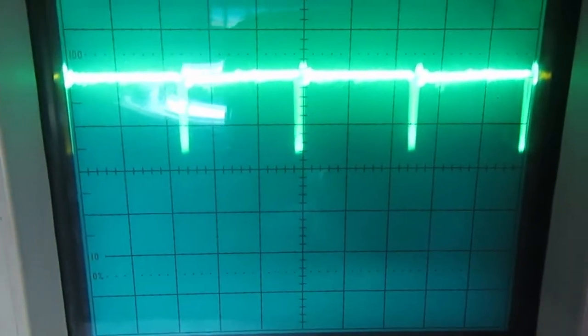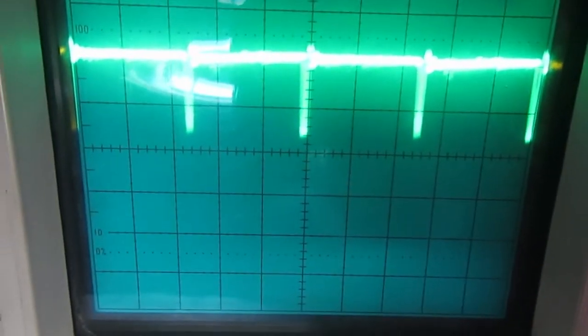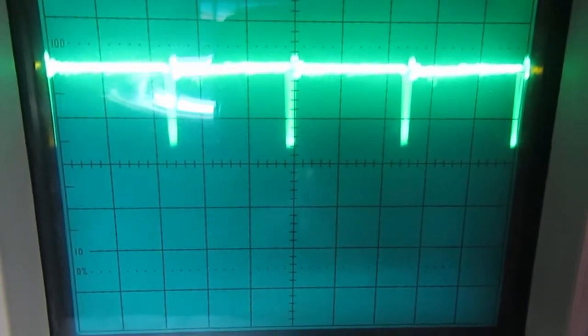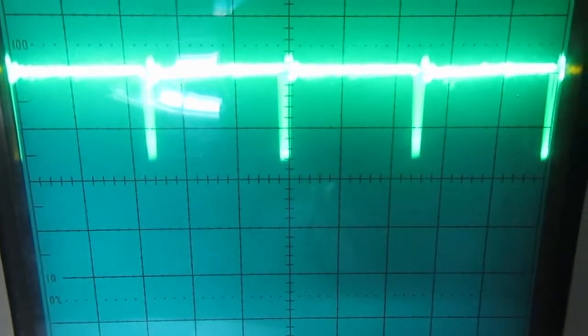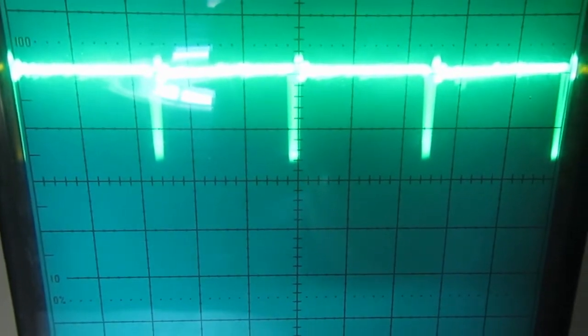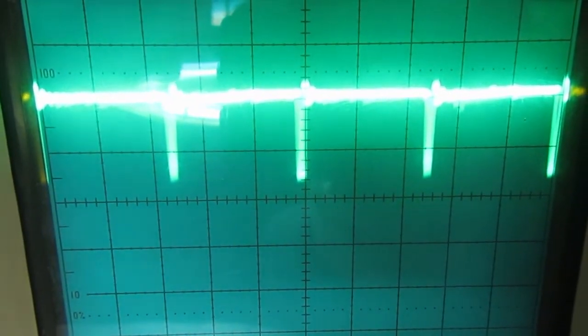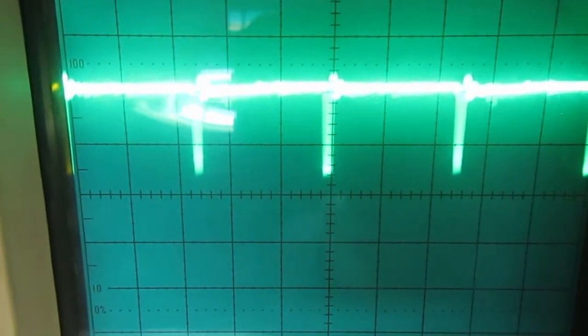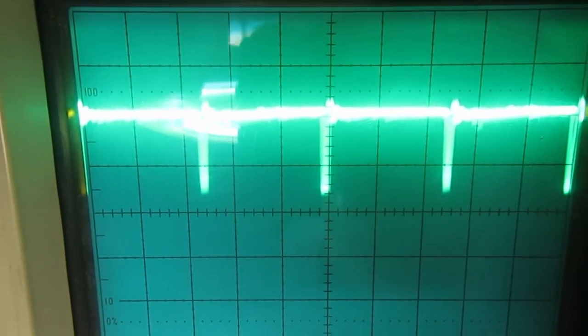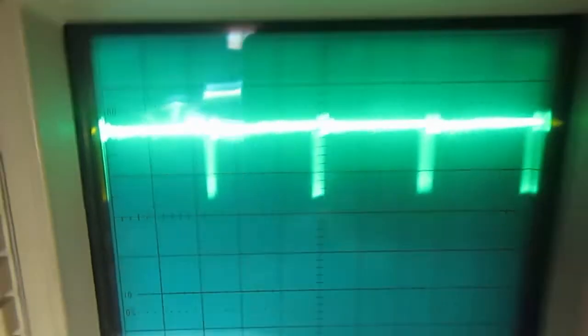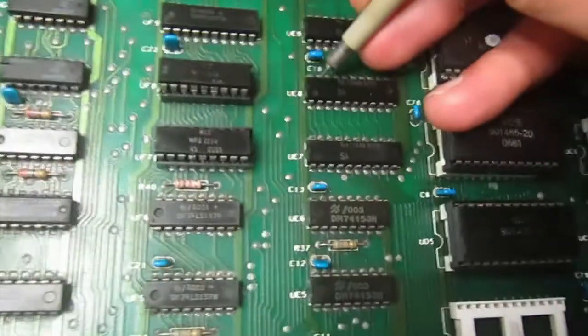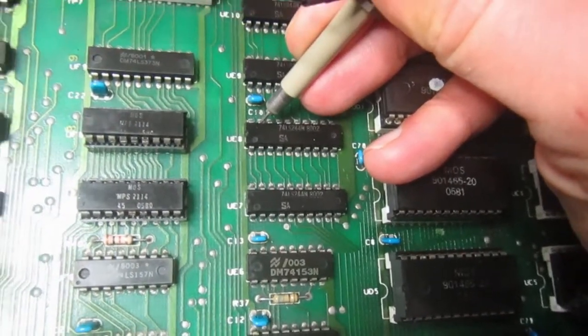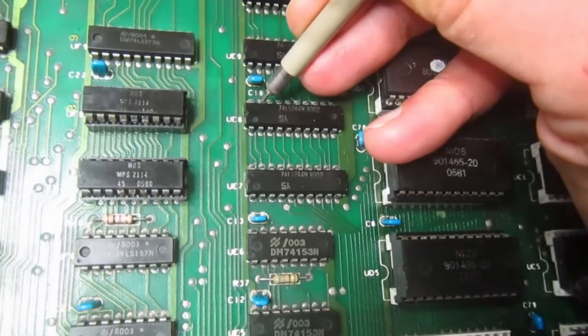Those spikes are not supposed to be there, and it's almost going low enough to enable the transceiver, the data bus transceiver, but it doesn't explain why just UE8 gets enabled if this is a problem.